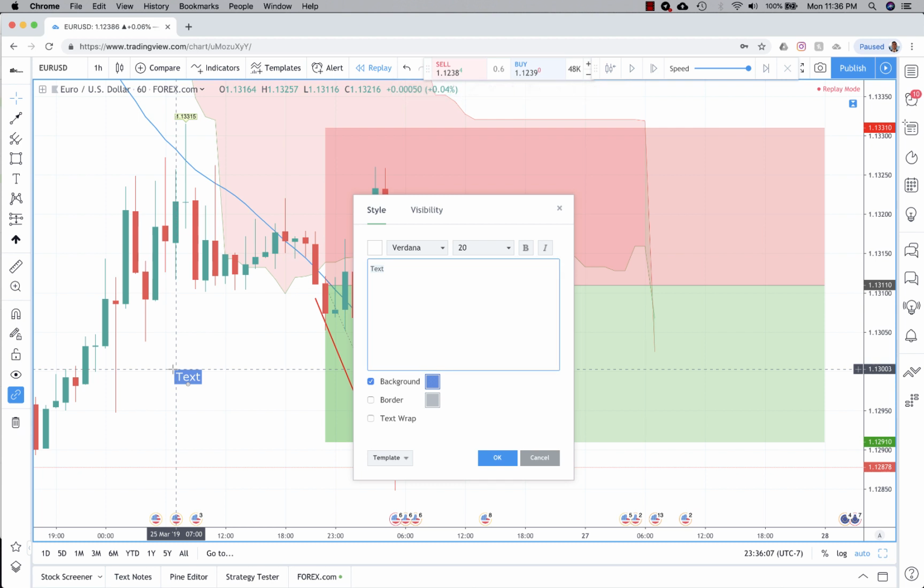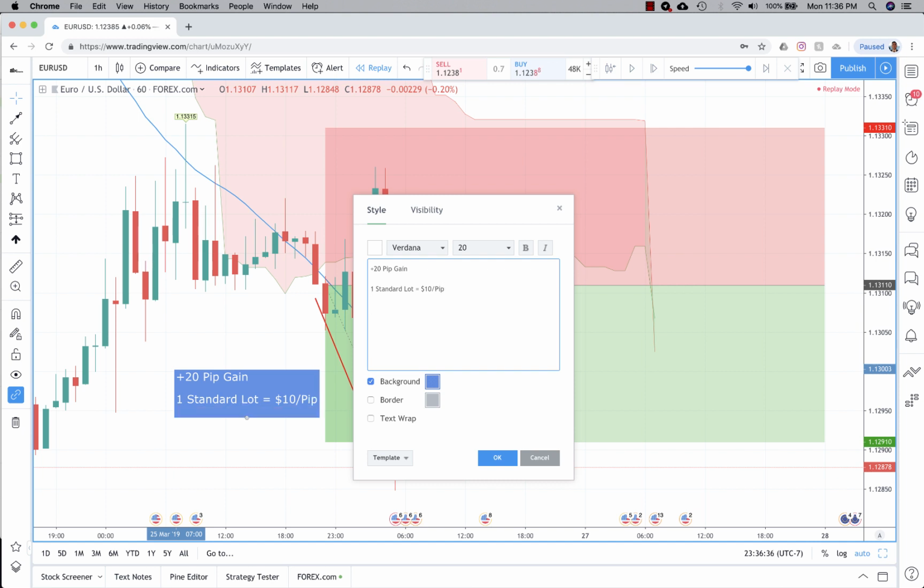So we made a plus 20 pip gain on this trade. If you are trading a standard lot, 1 standard lot equals $10 per pip.